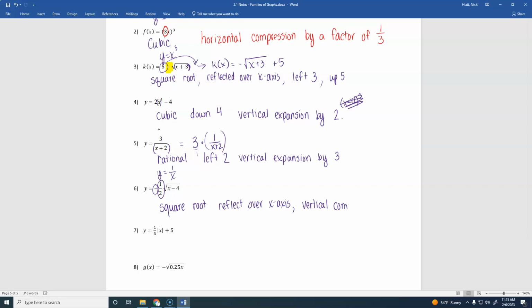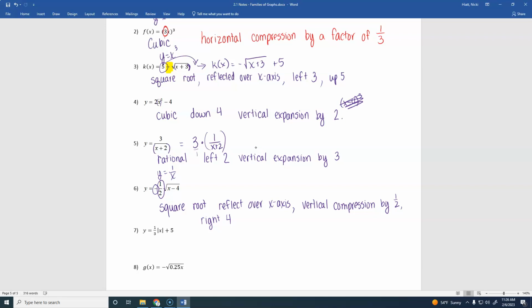Compression by 1/2. And then this one is also going to go to the right 4. So negatives are treated separately from the number. If you have a -7, the negative flips, the 7 compresses or expands, right?